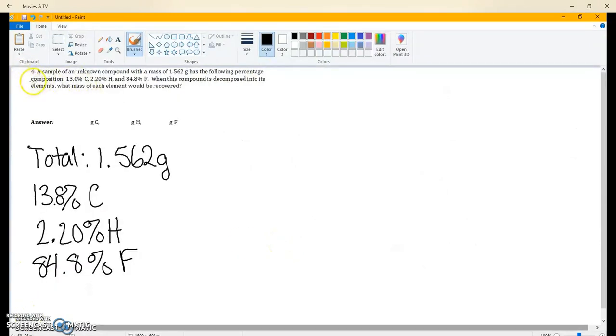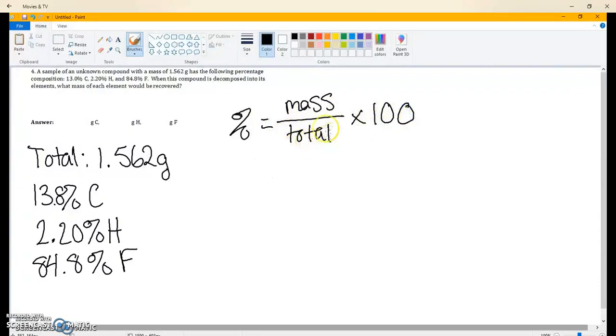So in example number 4, instead of giving us the masses and asking us to go to the percents, now they're giving us the percents and asking us to go to the masses. So if I write out my equation, my percent is the mass of the individual over the total multiplied by 100. So I'm going to rearrange this so I solve, divide by 100.